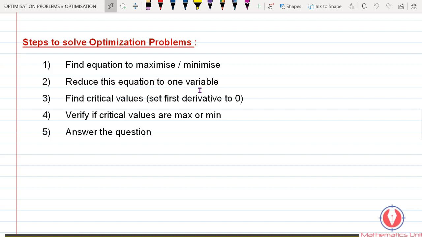Sometimes you can have an optimization equation that has more than one variable, so you need to reduce that to only one variable. Next step is to find critical values, meaning that you have to set the first derivative to 0. Then you have to verify if the critical values that you got are maximum or minimum. Last one is you have to answer the question being asked.